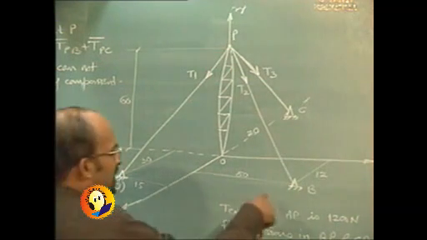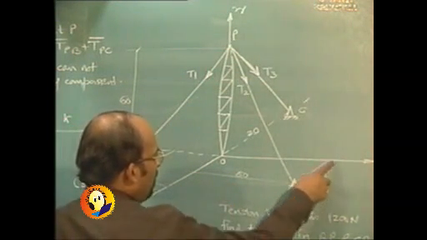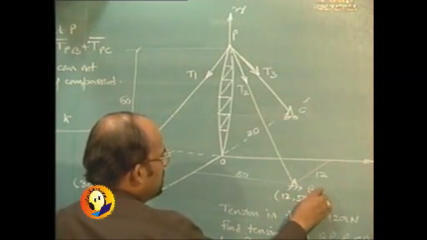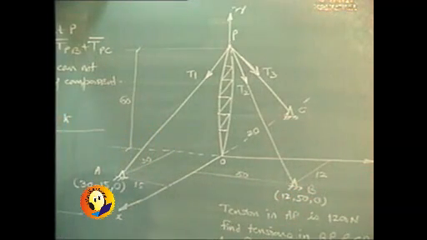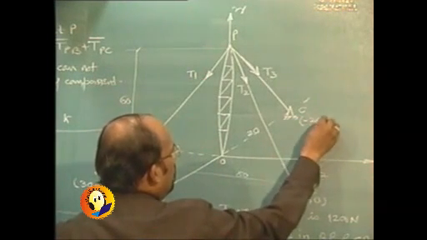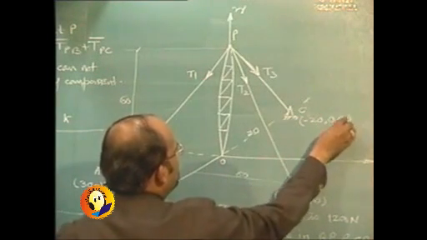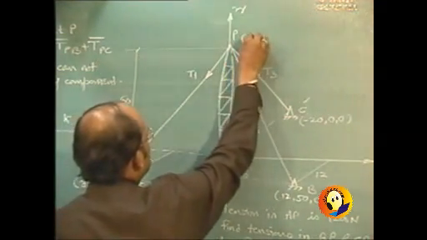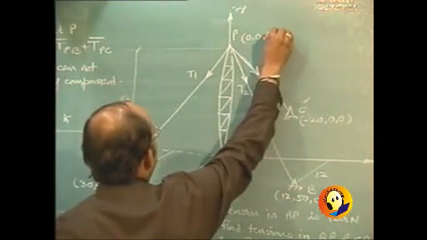For point B it is simple, because X coordinate will be 12, Y coordinate is 50, Z is 0. Whereas point C is on X axis but in the opposite direction, so it is minus 20, 0, 0. And point P is on Z axis, so it is 0, 0, 60.